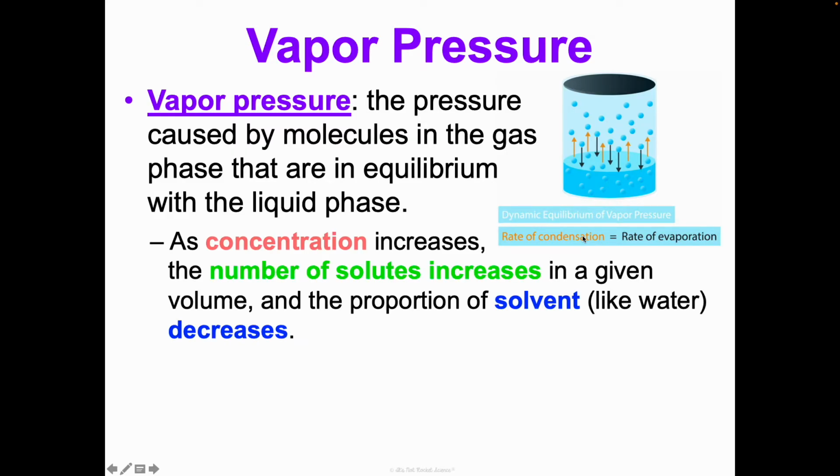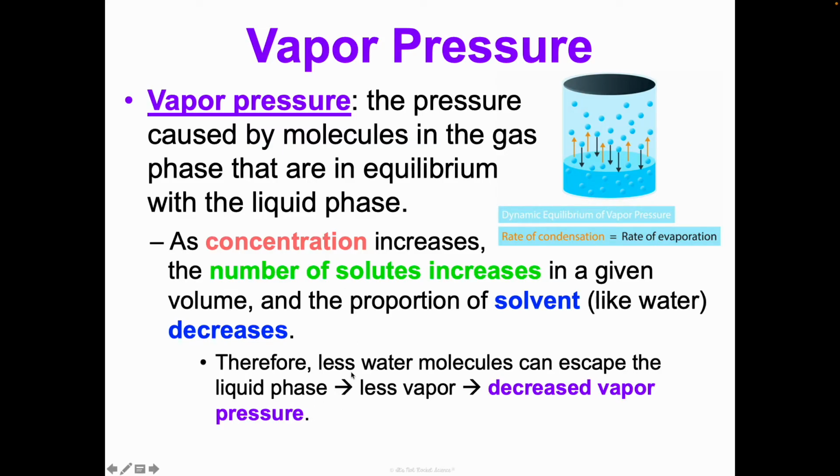What we see is that as concentration increases, meaning the number of solutes is increasing in a given volume, the proportion of solvent, like water, is decreasing. If the concentration is getting higher, that's more solute in a given solvent, so the ratio is decreasing.